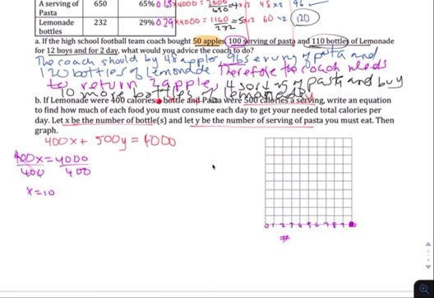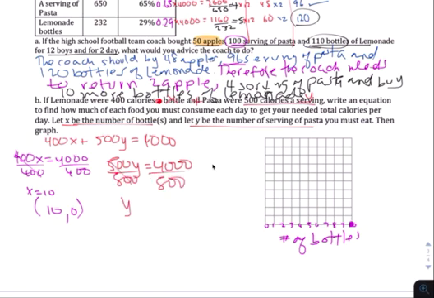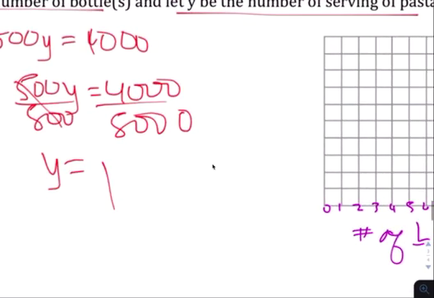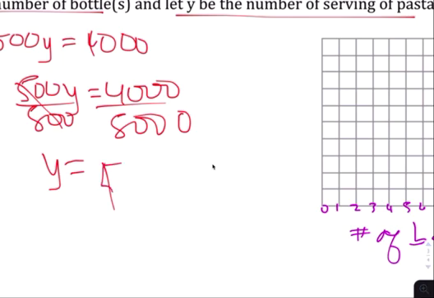Okay, so 0, 1, 2, 3, 4, 5, 6, 7, 8, 9, 10, X-intercept is here, number of bottles. This is 10, 0. That's called the X-intercept. Y-intercept is 500Y equals 4,000. Divide by 500. Y equals, that equals 5.